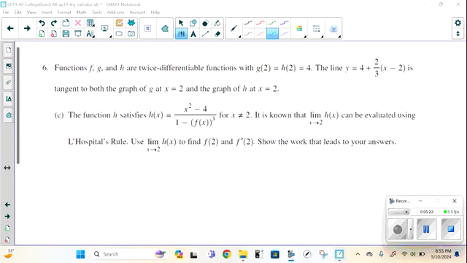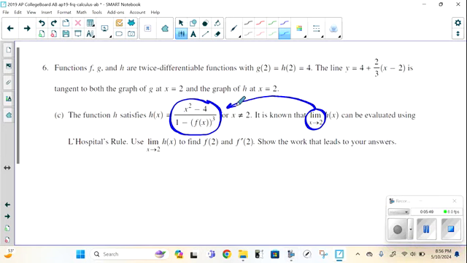6C. The function h satisfies h of x equals x squared minus 4 over 1 minus f of x cubed for values where x cannot equal 2. It is known that the limit as x approaches 2 of h of x, which is this thing here, can be evaluated using L'Hopital's rule.